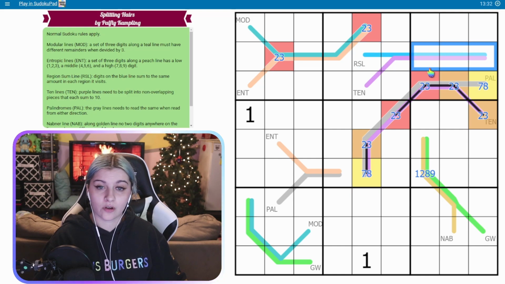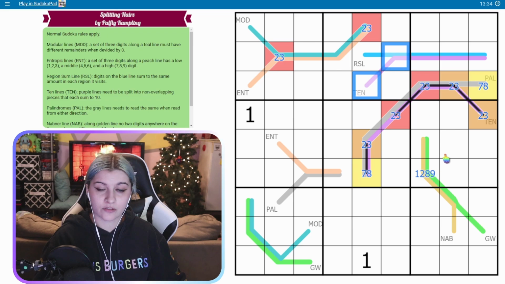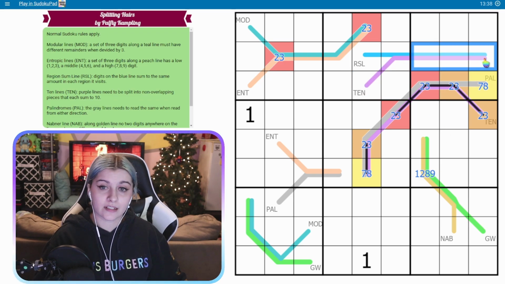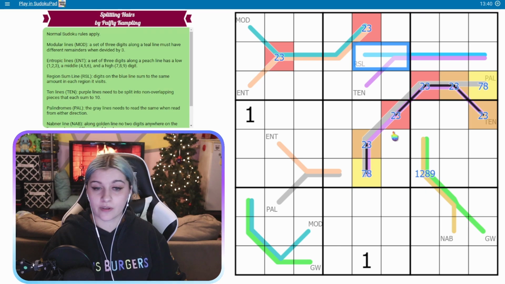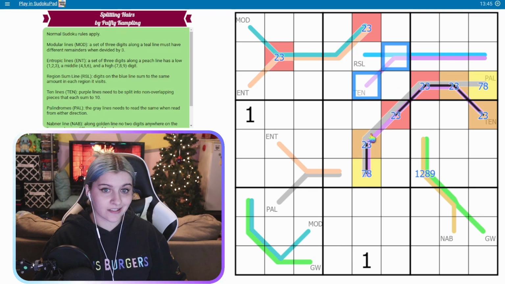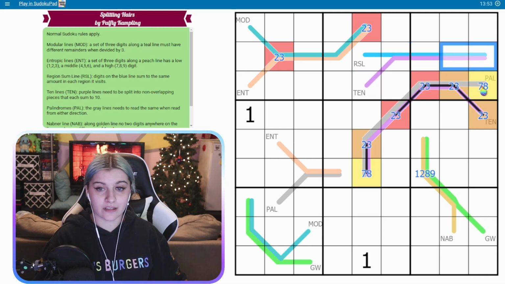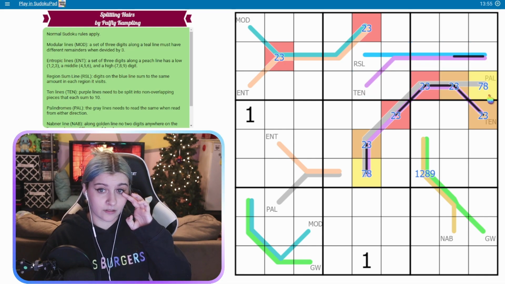So for the 10 line, I don't want to do these 2 and then these 3, because if this sums to 10, then these 2 on the region sum line also need to sum to 10. And if these 2 cells and these 2 cells both sum to 10, that means this would end up being the same number, and that doesn't work.